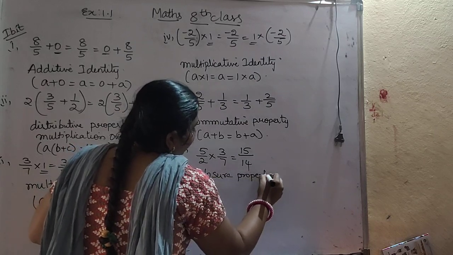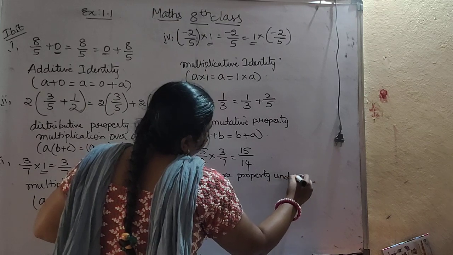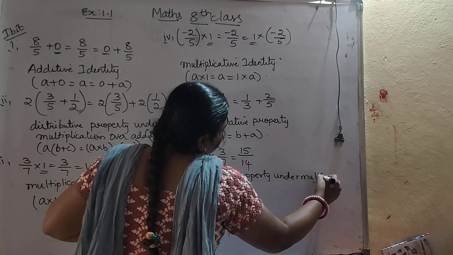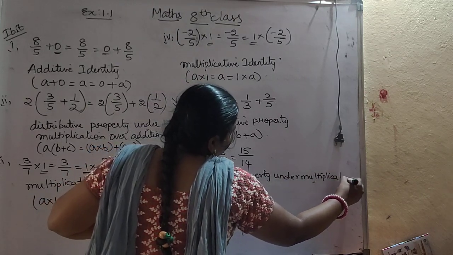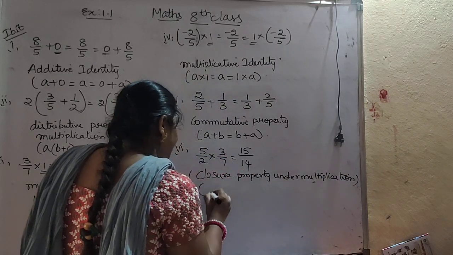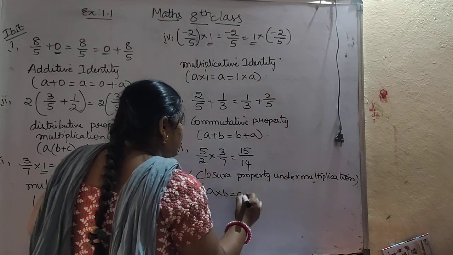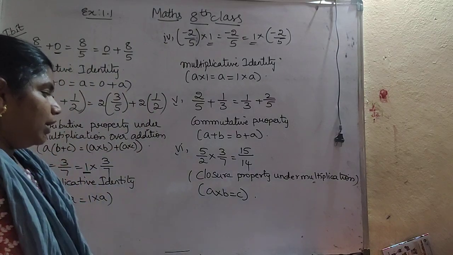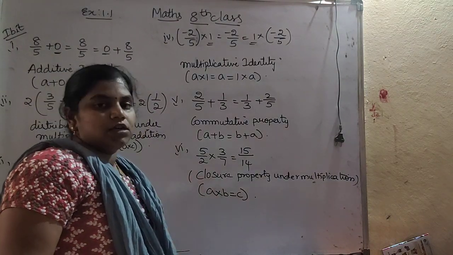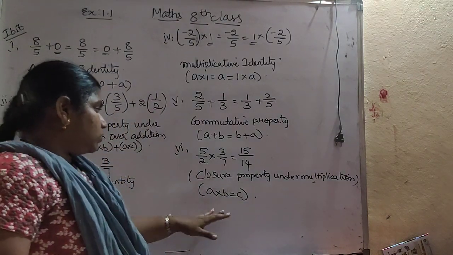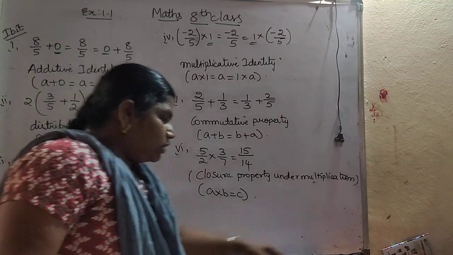This is under multiplication. So what is the general form for that? A into B should be equals to C. So if you are multiplying any two rational numbers, again the result should be a rational number. So this is our sixth one. So next one.